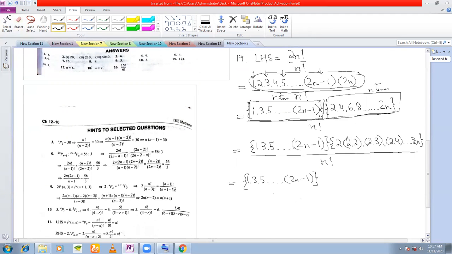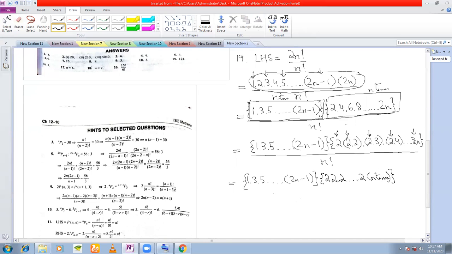And now, if you see the second part of the product, if you take this 2 out, this 2 out, and finally this 2 out, how many 2's are you taking out? You're taking out n terms here, right?